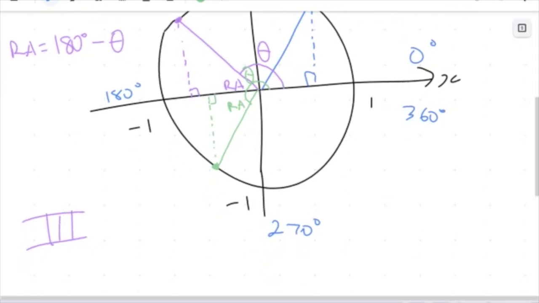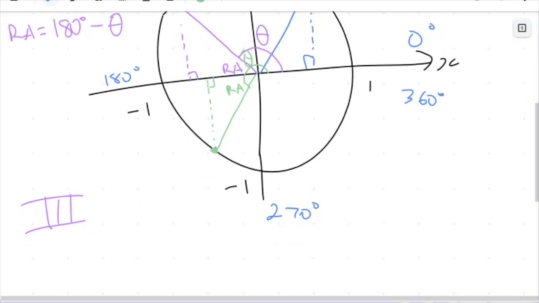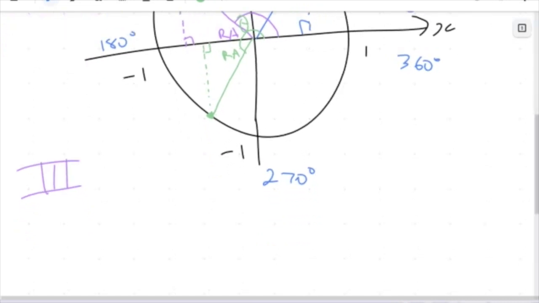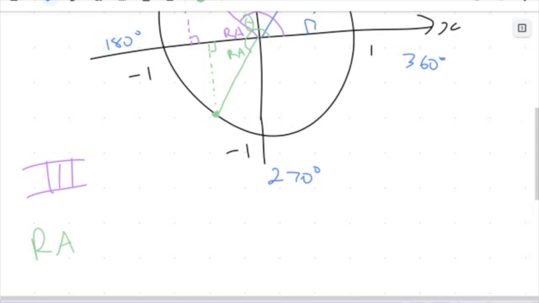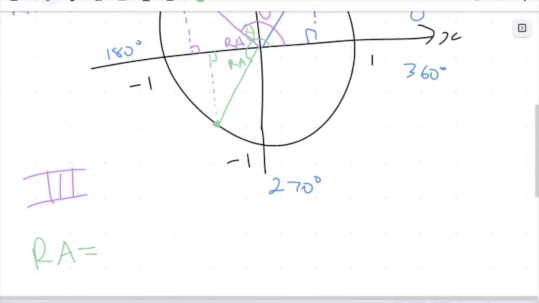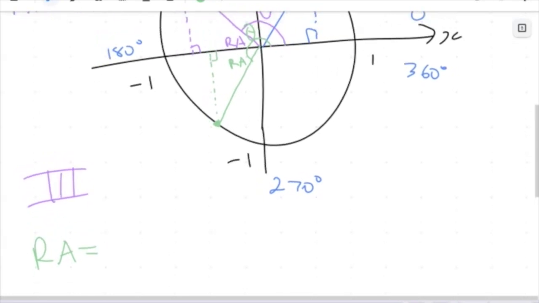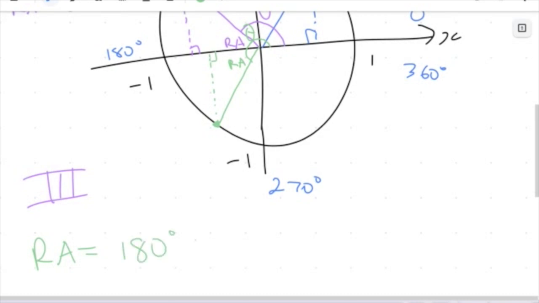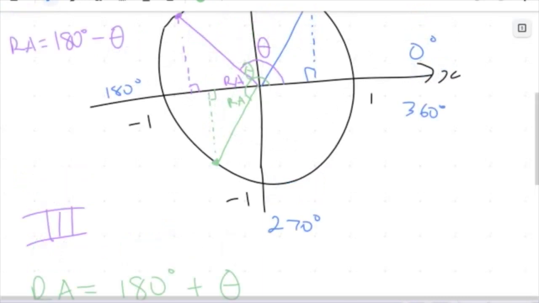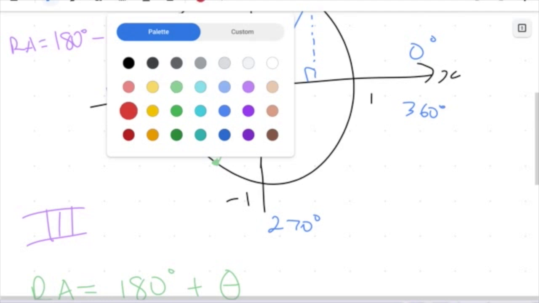Now, how can I find this reference angle? Well, here my angle is going to be my reference angle in the third quadrant. So anytime I'm between 180 degrees and 270 degrees, my reference angle is going to be 180 plus theta.